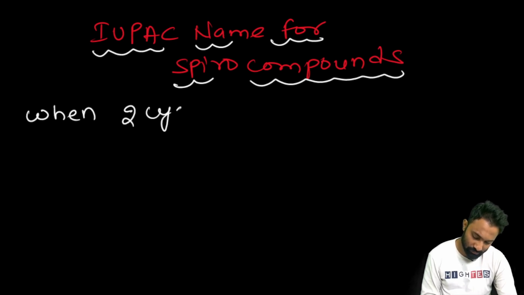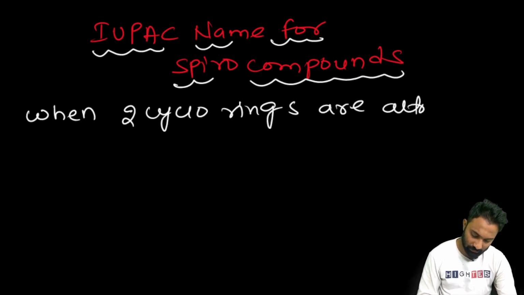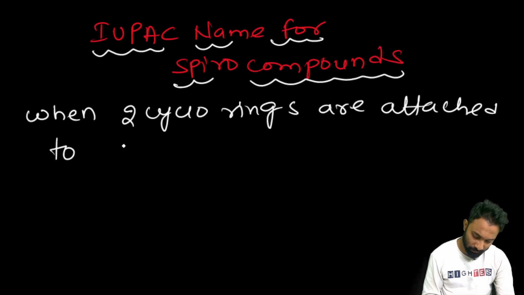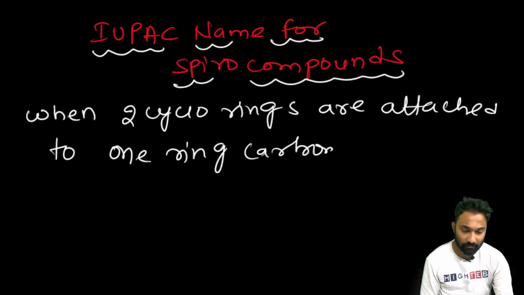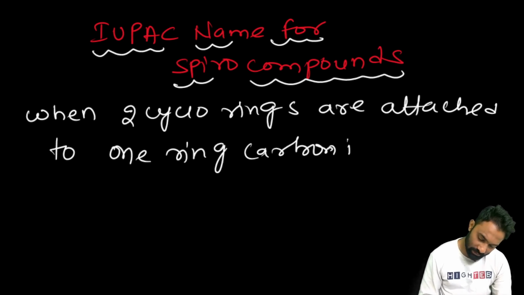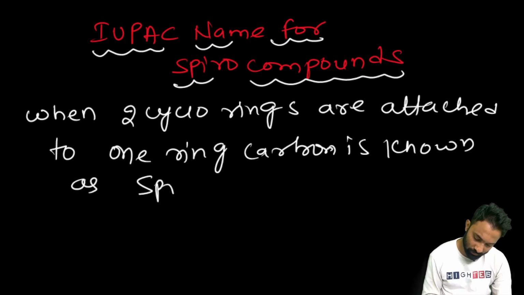two cyclo rings are attached to one ring carbon, it is known as Spiro or Spiro compounds.